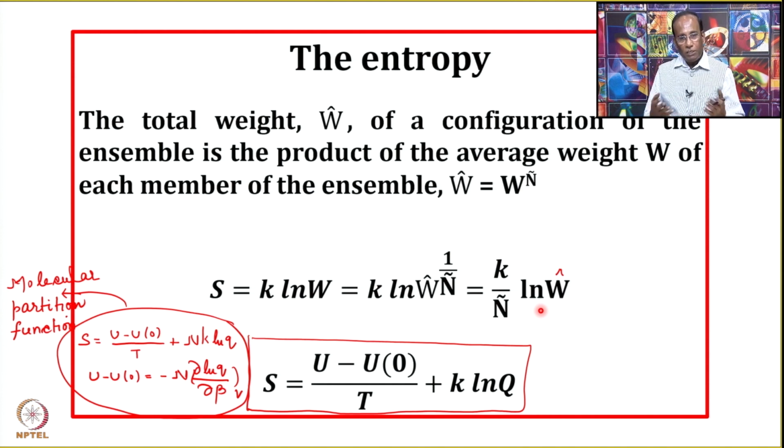Talking about the applications of the canonical ensemble concept, the thermodynamic quantities that we are going to connect with the molecular partition function from now onwards, we will first develop a relationship between the thermodynamic quantity and canonical partition function.